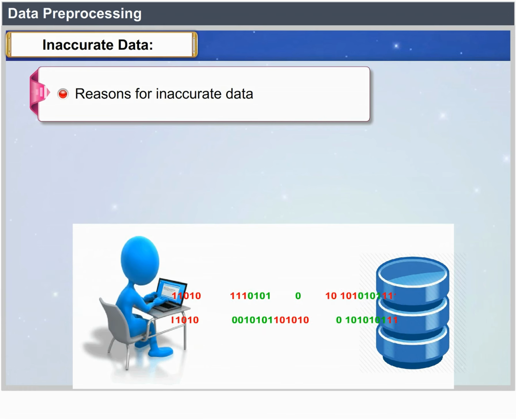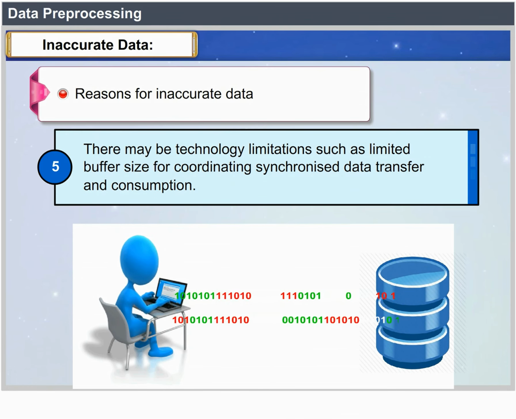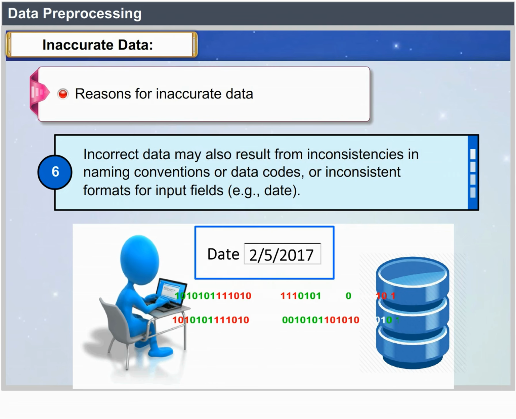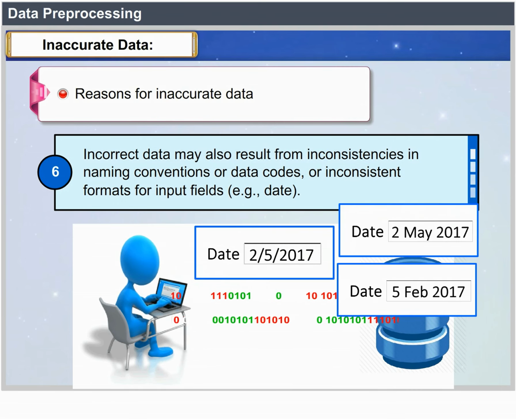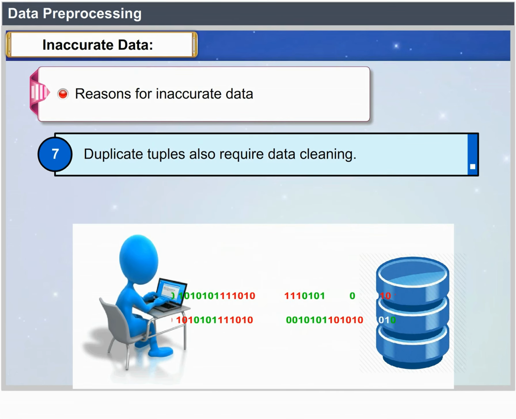Errors in data transmission can also occur. There may be technology limitations such as limited buffer size for coordinating synchronized data transfer and consumption. Incorrect data may also result from inconsistencies in naming conventions or data codes, or inconsistent formats for input fields, for example, date. Duplicate tuples also require data cleaning.